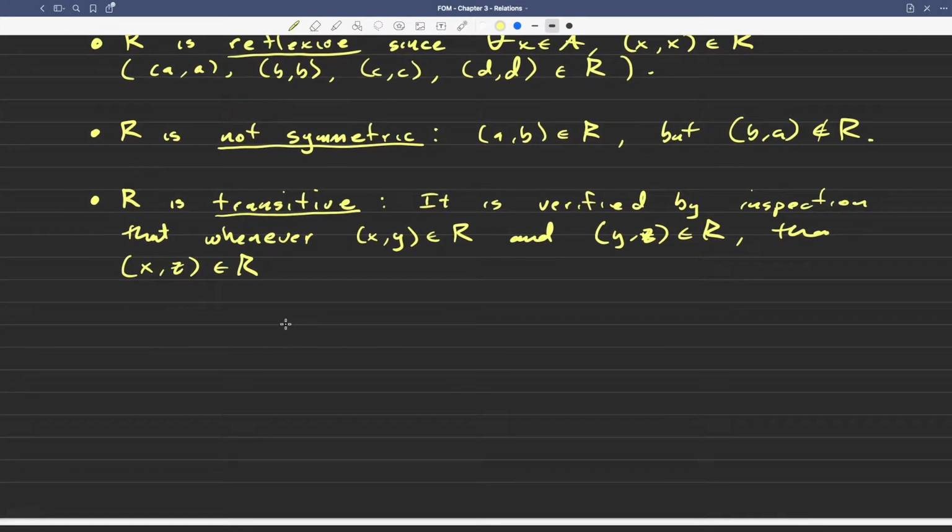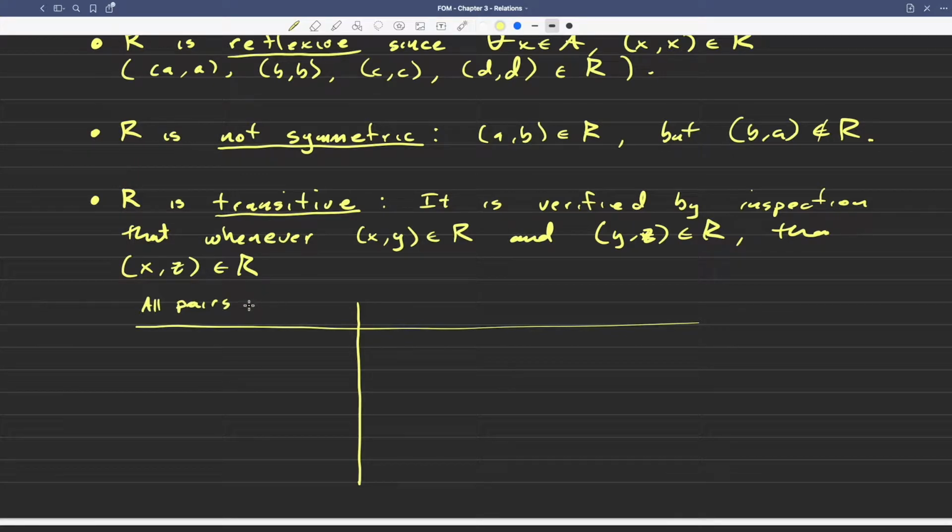How would you organize this into some sort of tabular form? All pairs of the form A comma B and B comma C, and then you'd ask yourself, is A comma C in R?